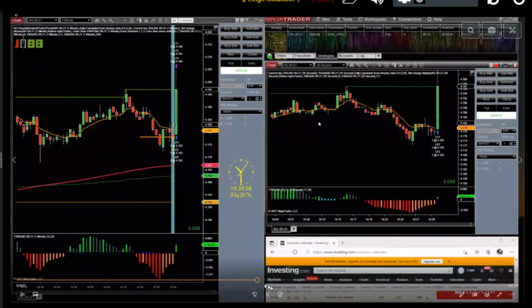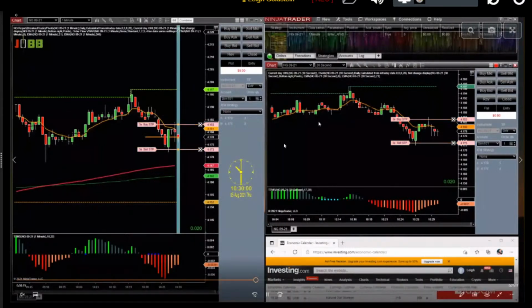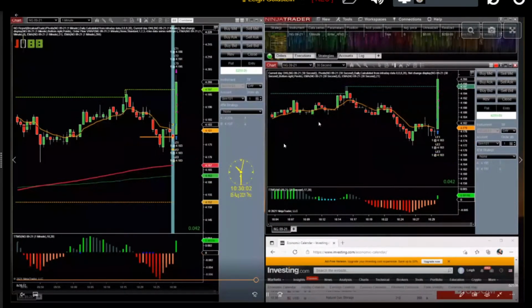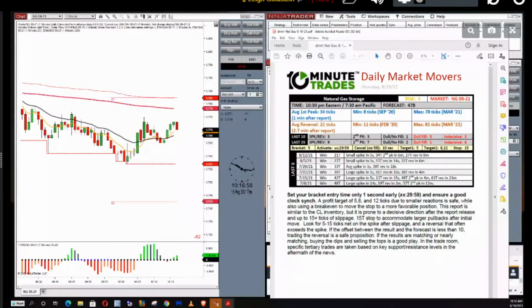Look how it just moves up leisurely, leisurely for us, and goes through all the targets like it's taking a walk in the park. Natural gas, oh, I'm going to take a walk into my targets and hit them all. That was a really nice trade, okay? So 2 weeks ago was an excellent winner.